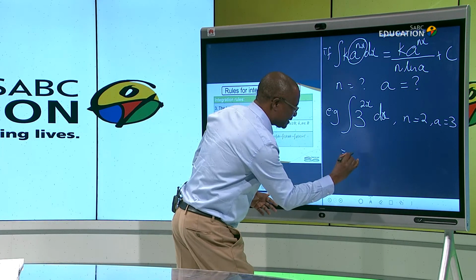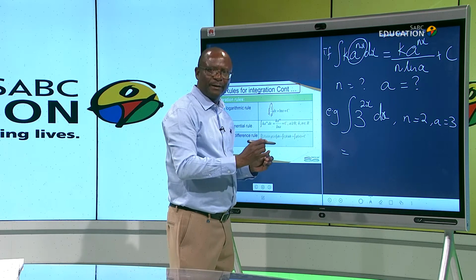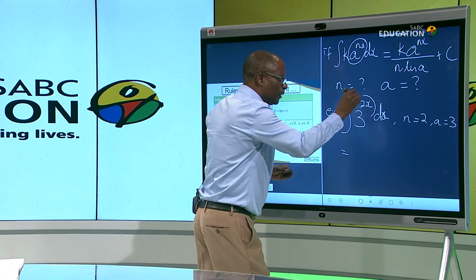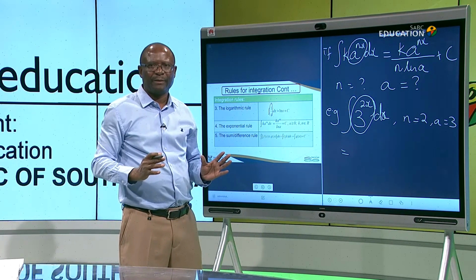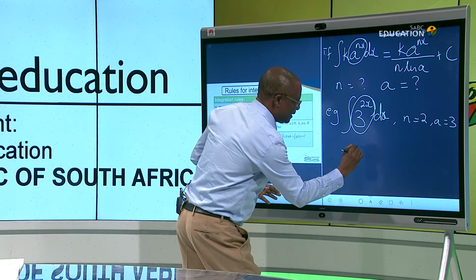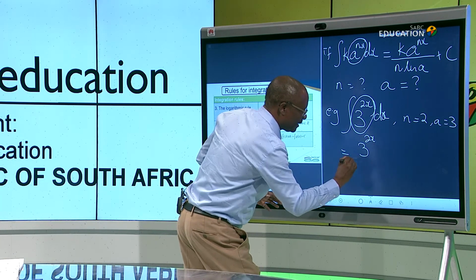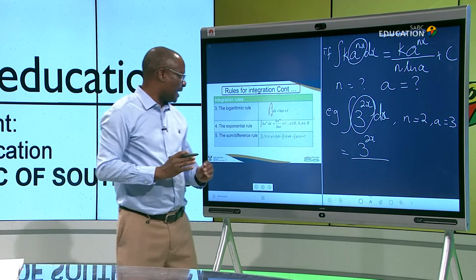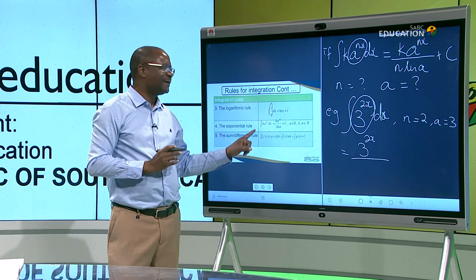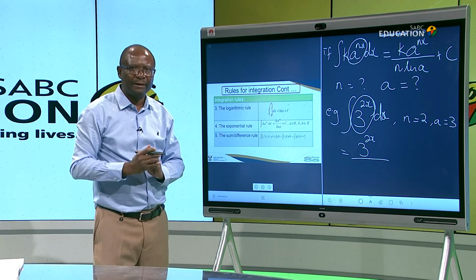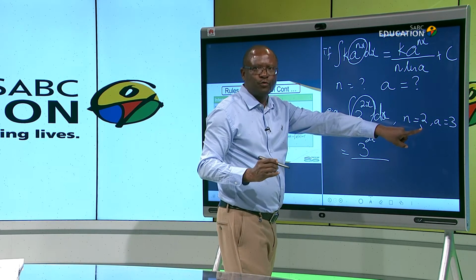Then we said the integral of this, your numerator becomes your integrand as it is. That's very simple. Where your integrand here is 3 to the exponent of 2x divided by, according to the rule, it should be n ln of a. Then our value of n here is 2.